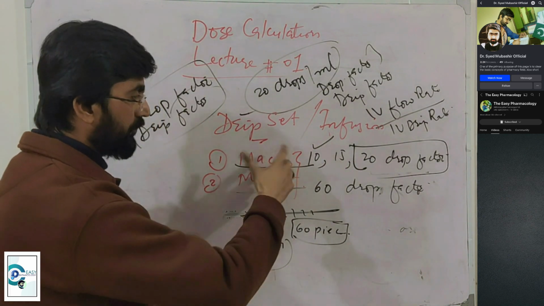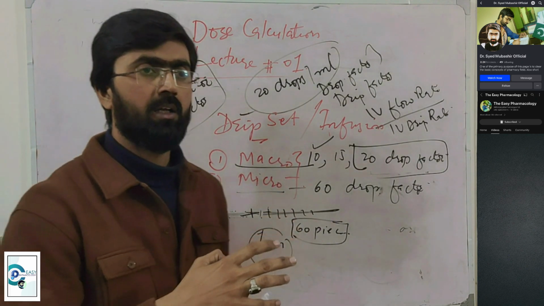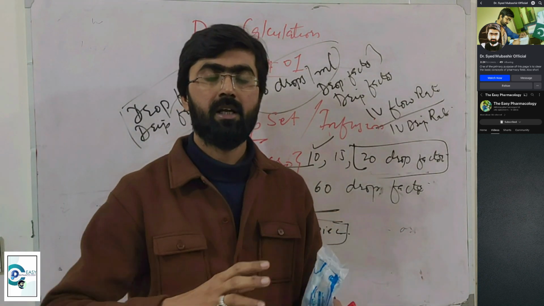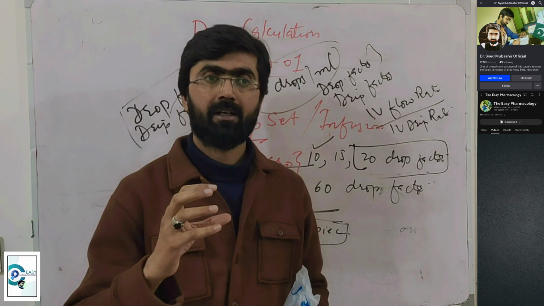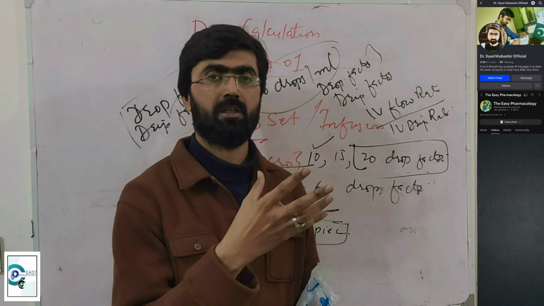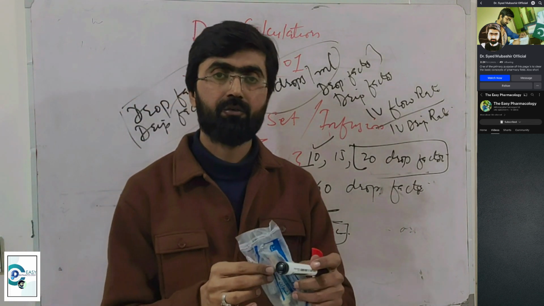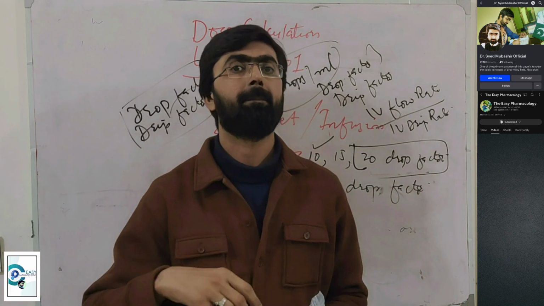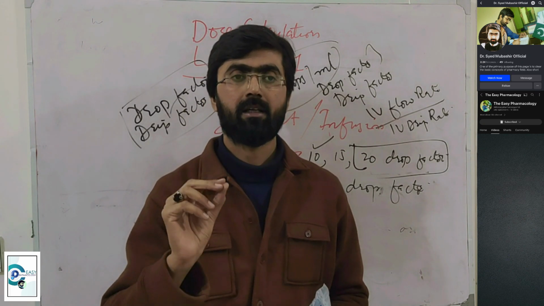There are two types, macro and micro. Macro sets are mostly used in situations where large quantities are to be given to the patient and the flow rate should be high, meaning in a very limited time we have to infuse the fluid, so we need macro. For pediatric patients we especially use micro, because the quantity is very small and the infusion is over a lengthy time.